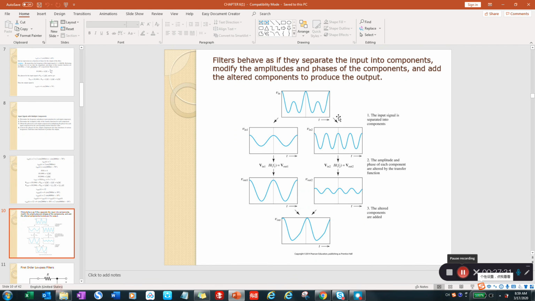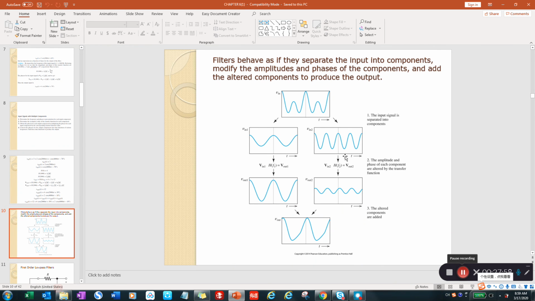Of course, we know that based on the Fourier theory, the original signal is the summation of sinusoidal components. So let's see, this is the low frequency component of the original signal. This is the high frequency component of the original signal.